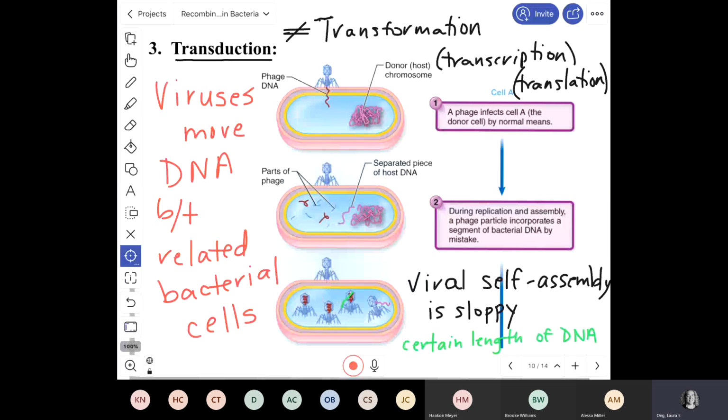And this one over here, get red. This one can't tell that it accidentally got a piece of the host DNA. So, yeah, I got DNA, I'm ready to go. That's the wrong DNA. So I'm going to the next slide now.